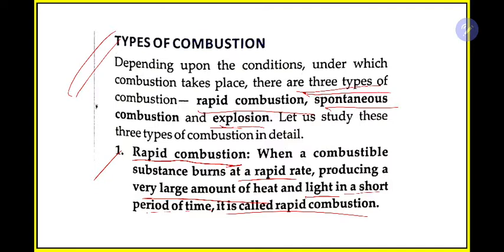At the same time, if I give you some petrol and ask you to burn it, within 1 or 2 minutes you can burn all 5 or 10 liters of petrol. That is not a big issue. But to burn 5 kg of wood, you need at least 30 minutes, right? That means in the case of petrol the process is occurring very fast. So rapid combustion is when a combustible substance burns at a rapid rate, such as petrol or diesel, producing a very large amount of heat. If you burn petrol or diesel, it will produce more heat, right?